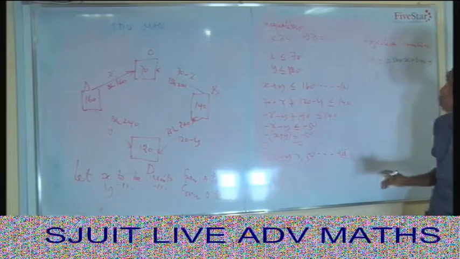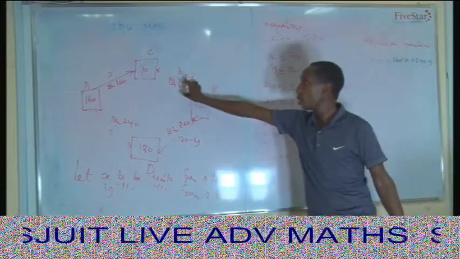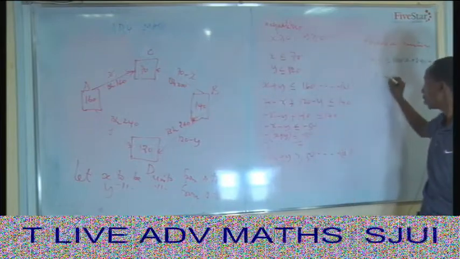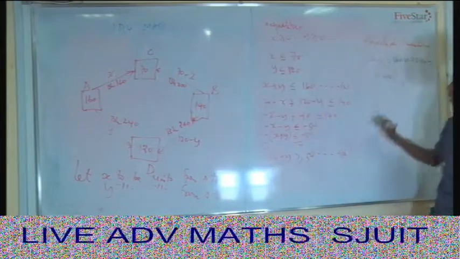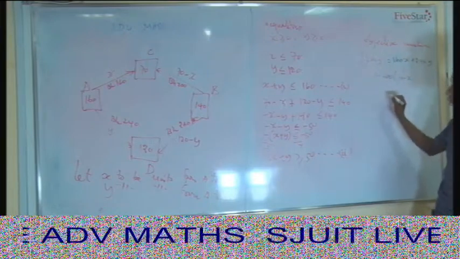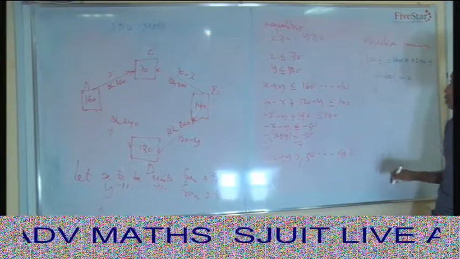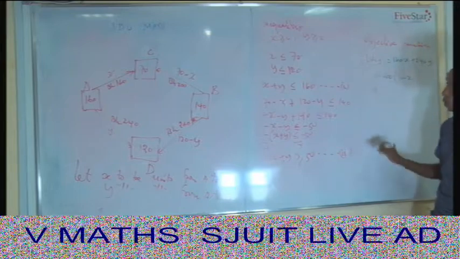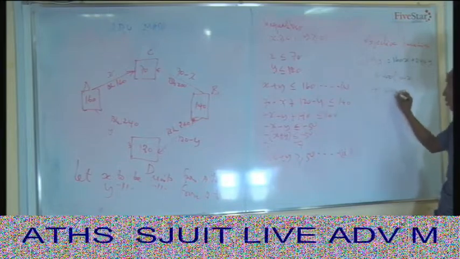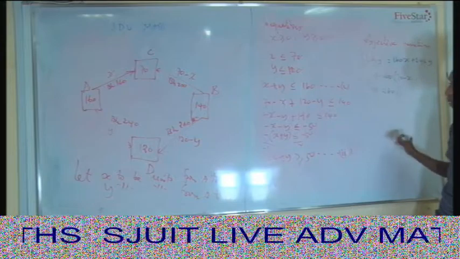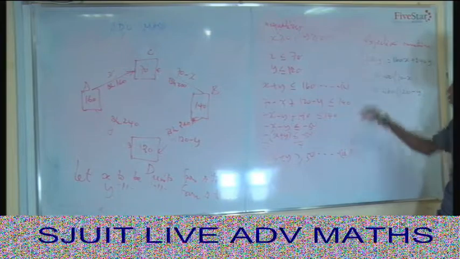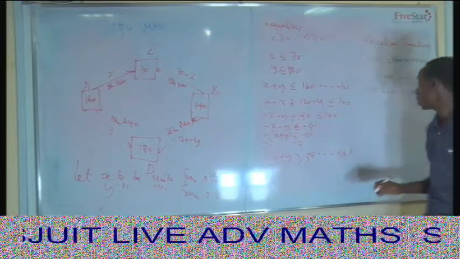Plus the unit taken from B to C, which is 70 minus x, and the cost is 200, so 200 times 70 minus x. And of course, plus the unit taken from B to D, which is 120 minus y, and the cost is 260, so 260 times 120 minus y. After simplifying, we get the required objective function.